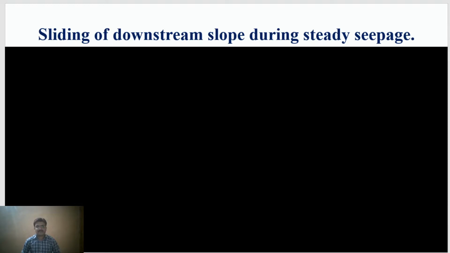There are two animated videos which show how the seepage takes place, how it gets wider, and how the dam fails due to this seepage from upstream side to the downstream side. This is the video.